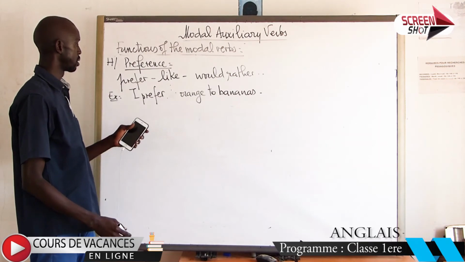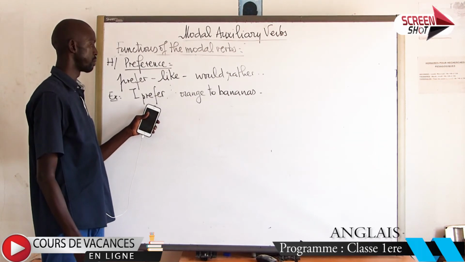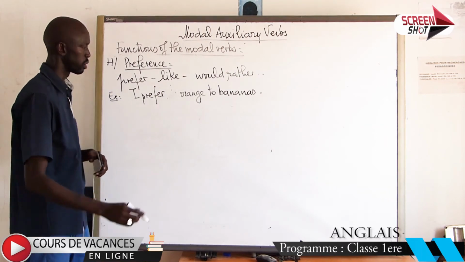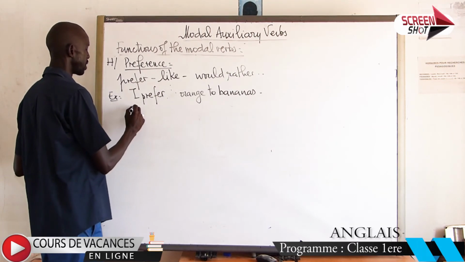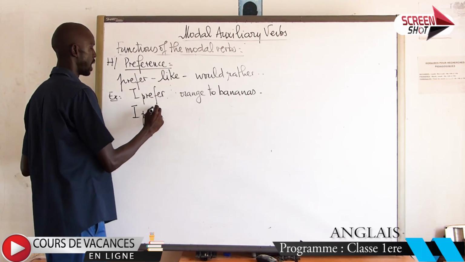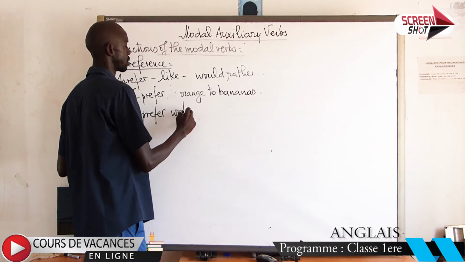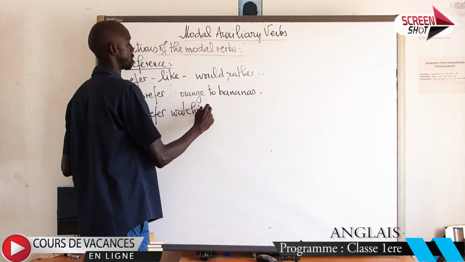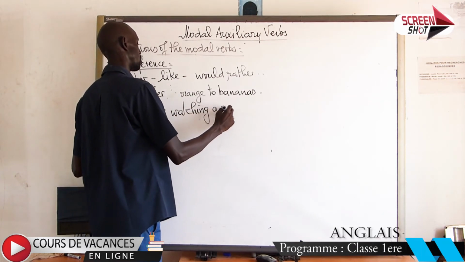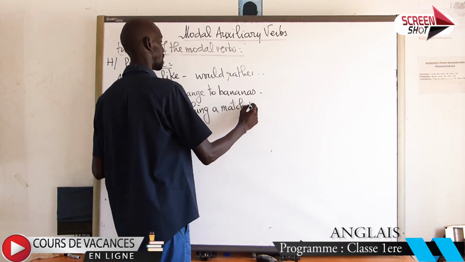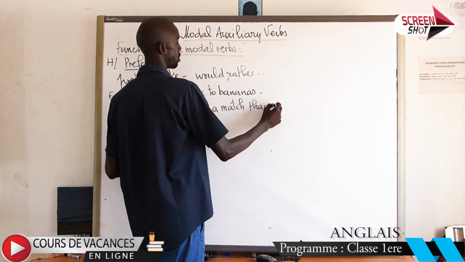So there we have only a verb that is followed by a noun. But if we have a verb, we say, "I prefer watching a football match than a film."